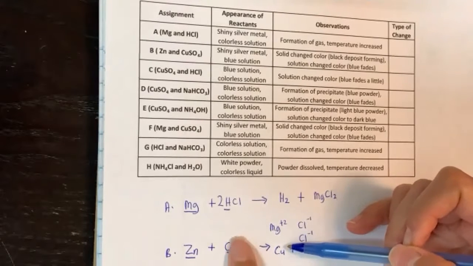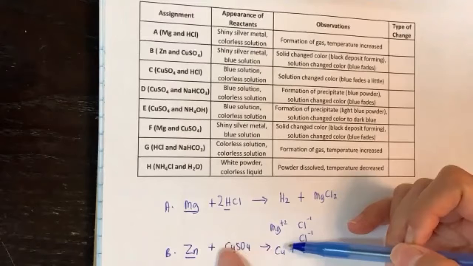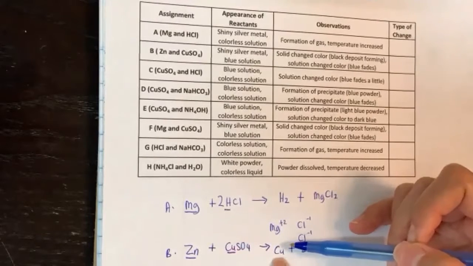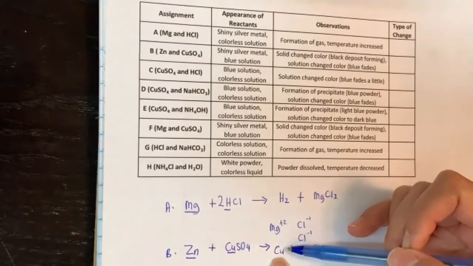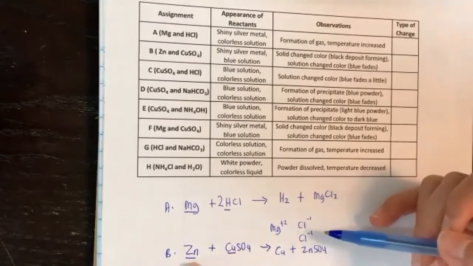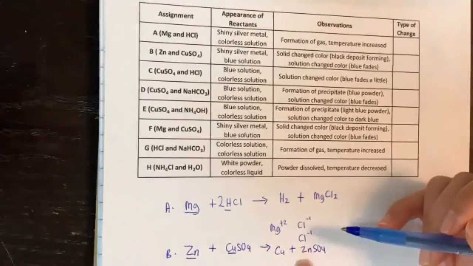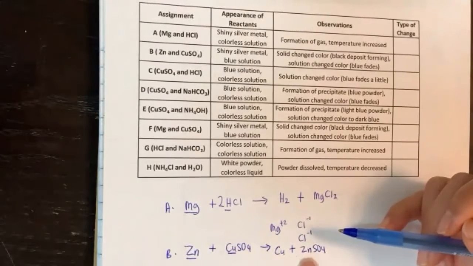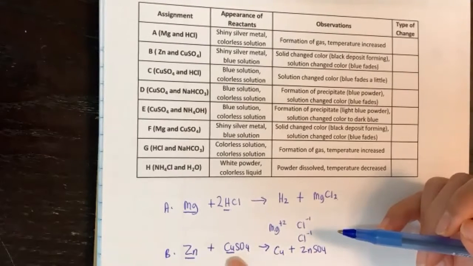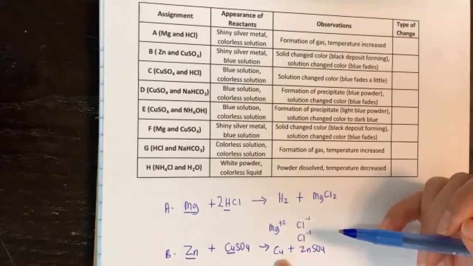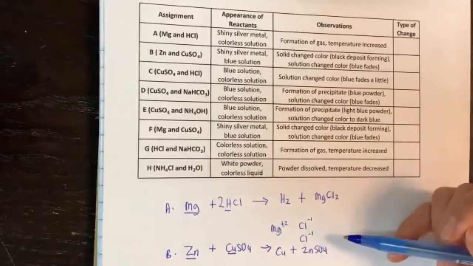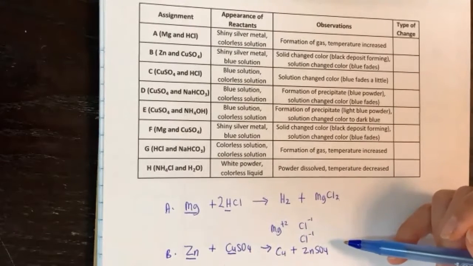The blue color fades because the blue form is changing into the solid form right here. And in exchange, the zinc is going to take place with the sulfate as zinc sulfate, and this solution is colorless. So it looks like the blue solution is fading because of the copper sulfate going lower to make more copper solid here. Okay, so this is how you look at chemical equations.